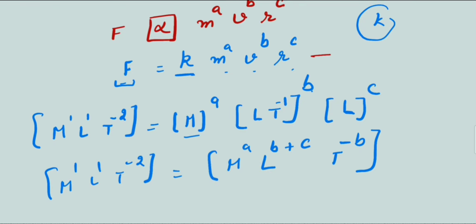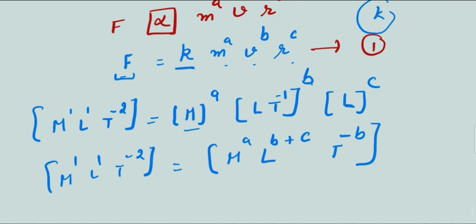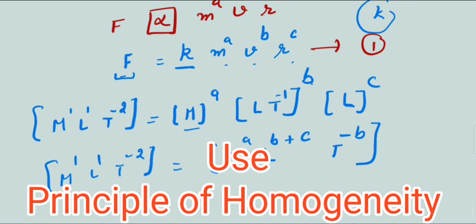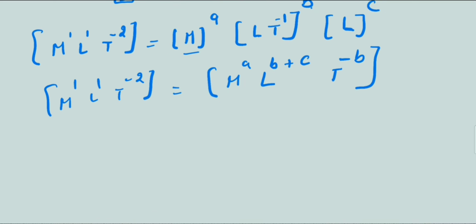Let me mark this as my equation number 1. So now we'll find the values of a, b, and c. The power of mass will equate with the power of mass on the left hand side, and similarly the powers of length we will compare, and time also will compare.